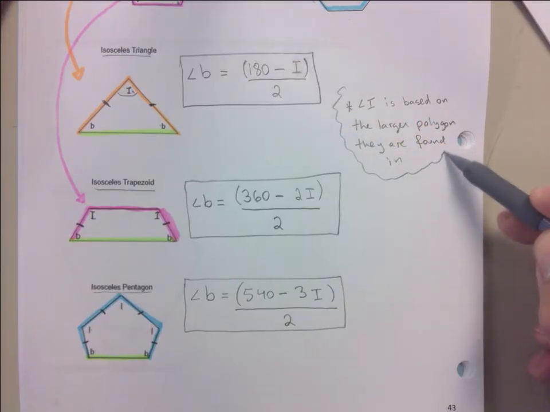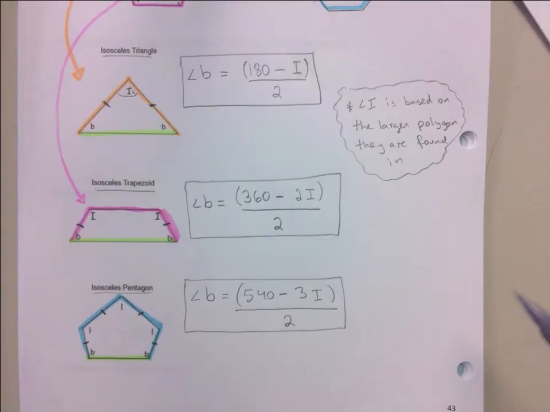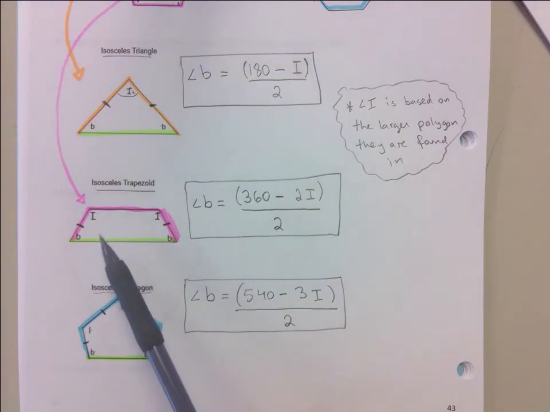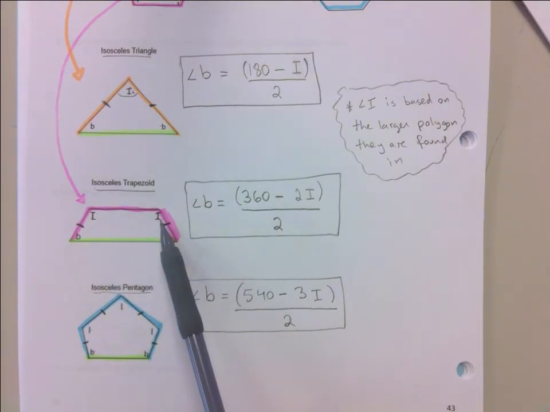It's very important that you understand. So don't be finding the interior angle of this, like of a four-sided shape, and put that in here. That'll be wrong. This is based on the original larger polygon that they were inside in.